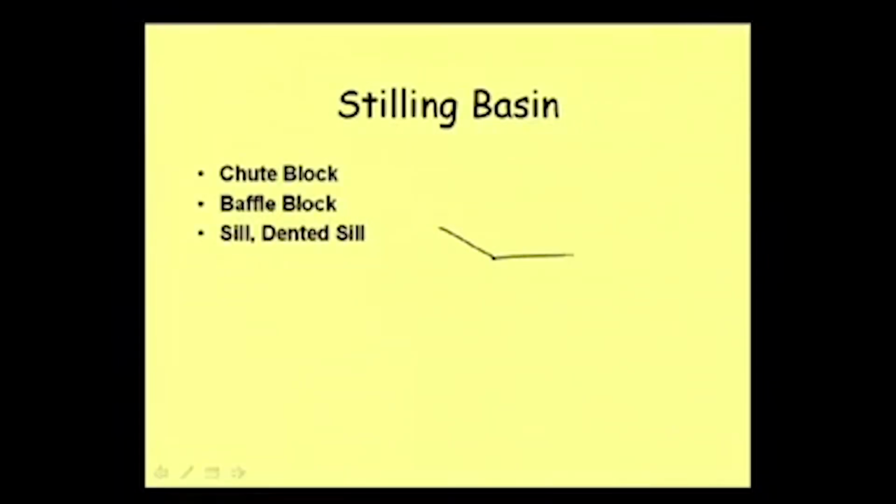It will be a basin of this sort, and here we provide some like this. If I draw it in a three-dimensional view, we can draw it in this form, that at this end we provide a height like this.